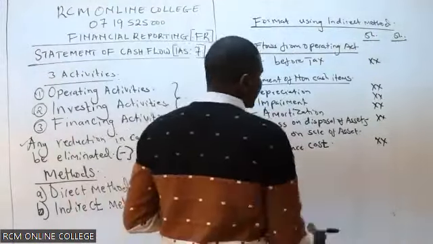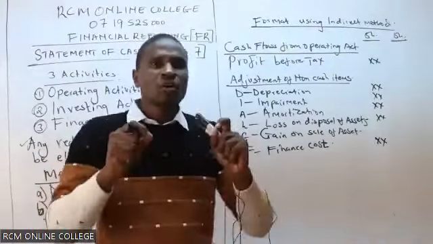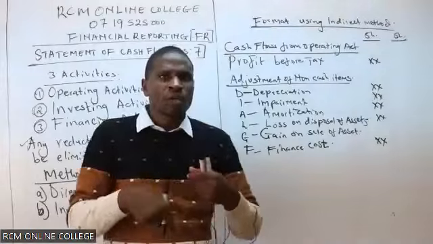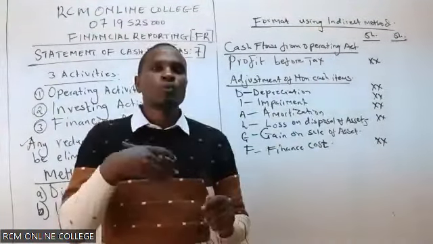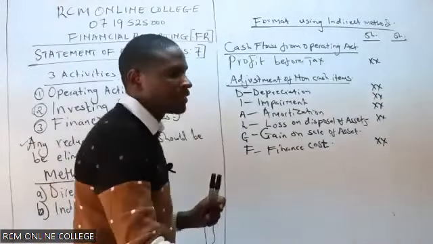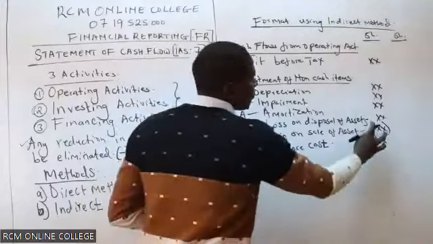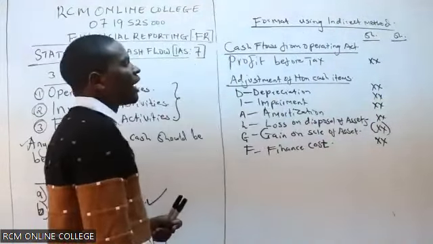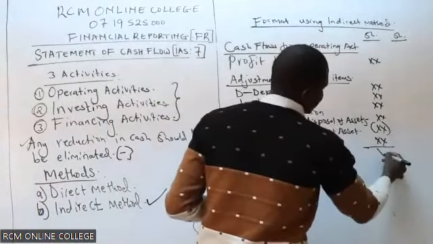What about gain on sale of asset? Remember, for the gain on sale of asset, we usually take it as an income. We add it in the income statement, so when it comes to cash flow we shall be subtracting. And with that, we shall have adjusted the first part.